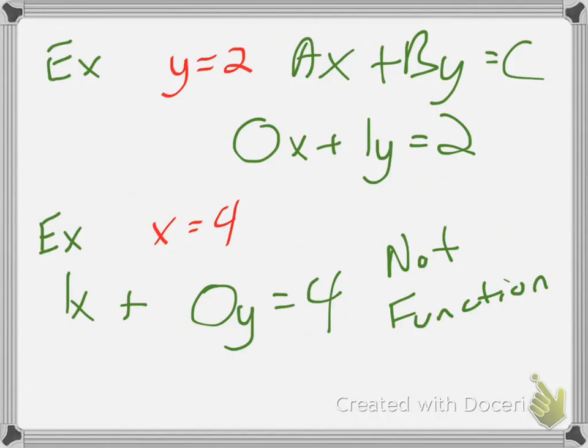And this x is always 4. And that means no matter what the y value is, 100, 1,000, or whatever, 4 is for x, and it's going to be mapped to all those other numbers, an infinite amount of numbers. So this is not even a function.